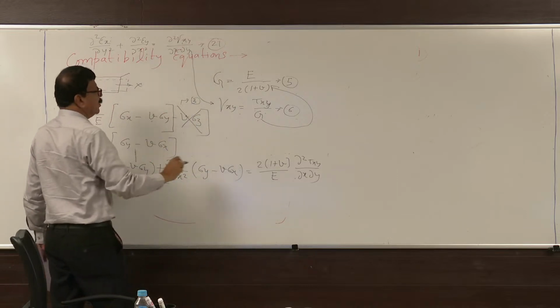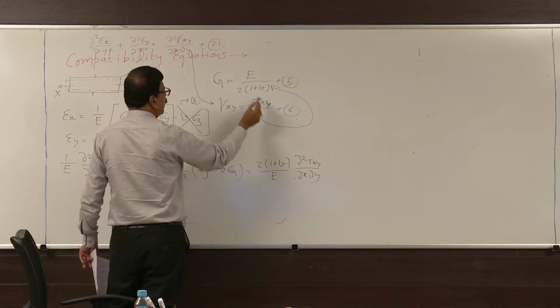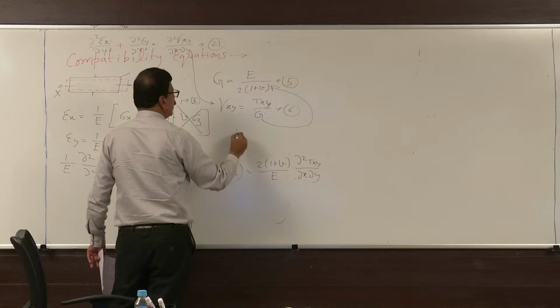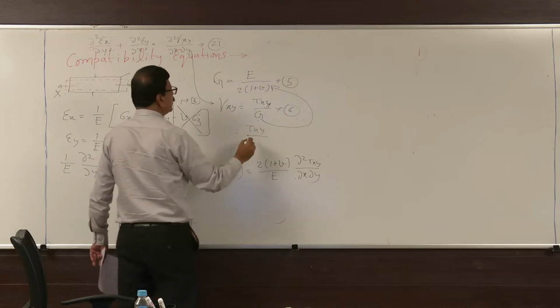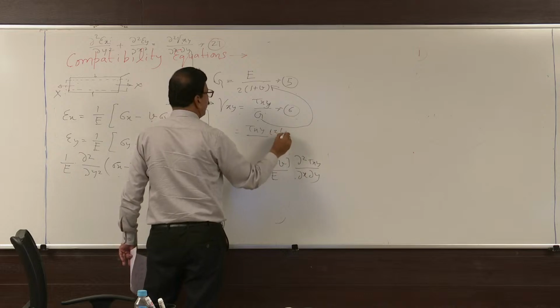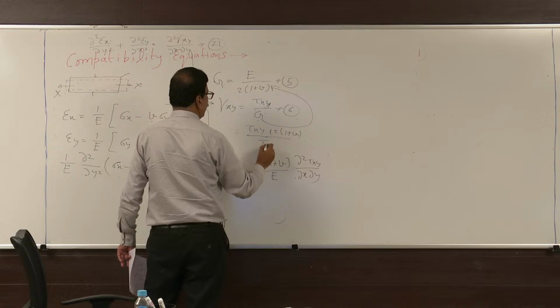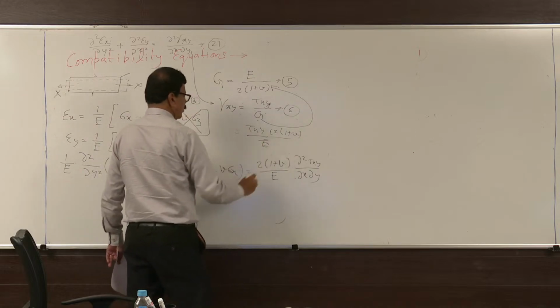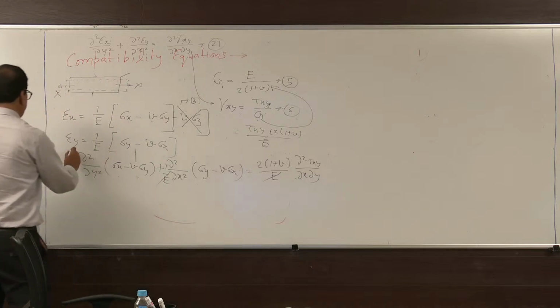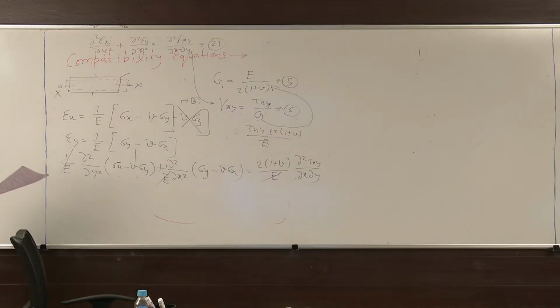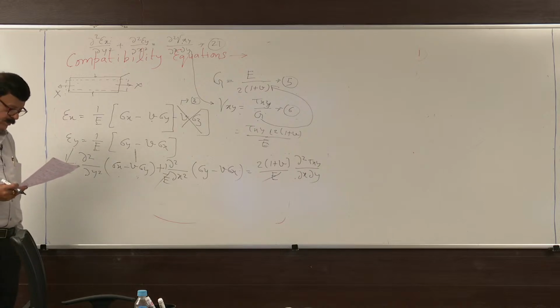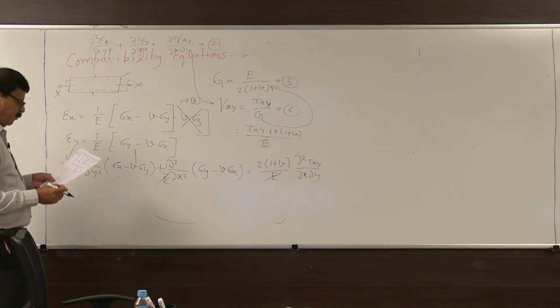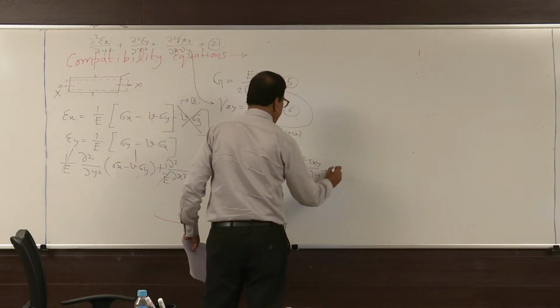So gamma xy from equation 6, and in this put the value of G, so you will get tau xy upon G means 2 times (1 plus v) upon E. So E is everywhere, so you can cancel the E. Now if you open the bracket, this is equation B. You can call this equation B.